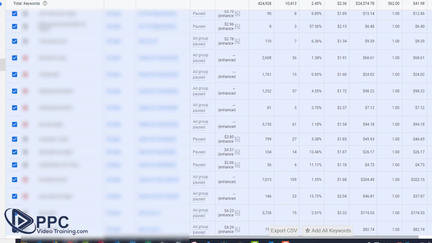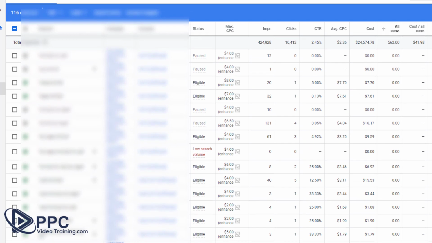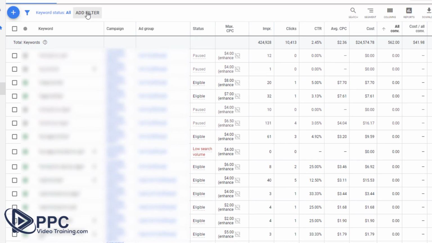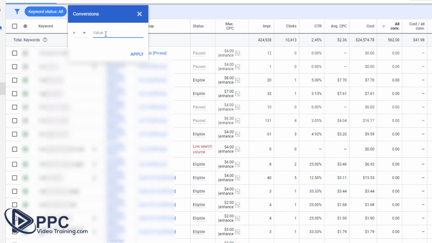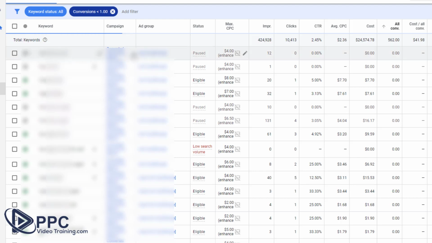Now one way to figure out how much you're wasting is to go up here and add a filter and say conversions and do a plus or minus value. So conversions less than 1, apply.